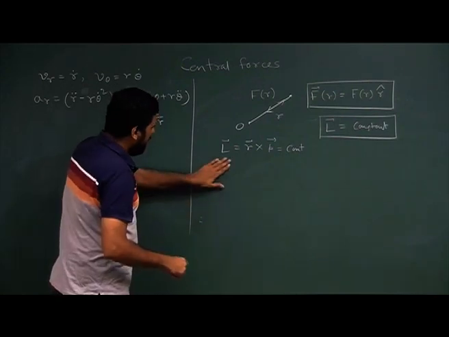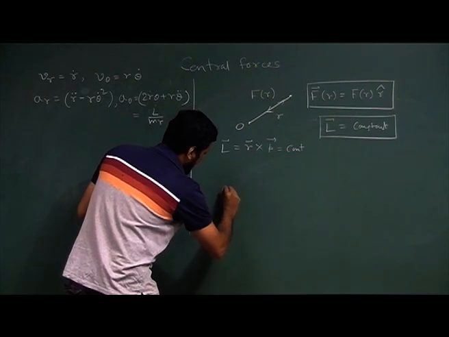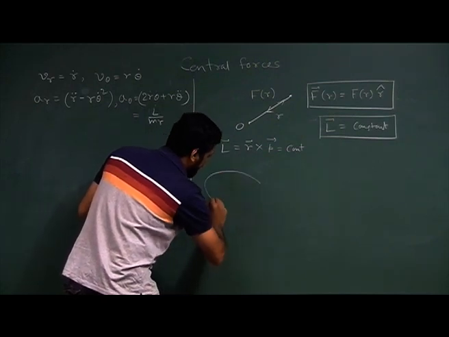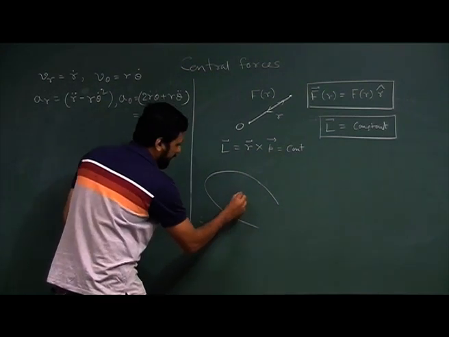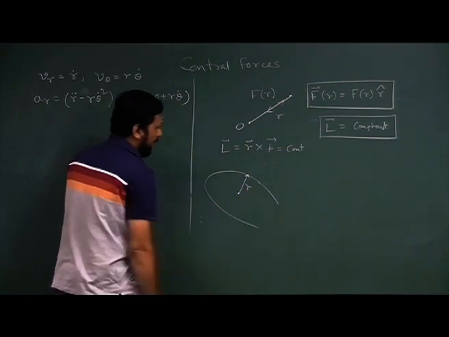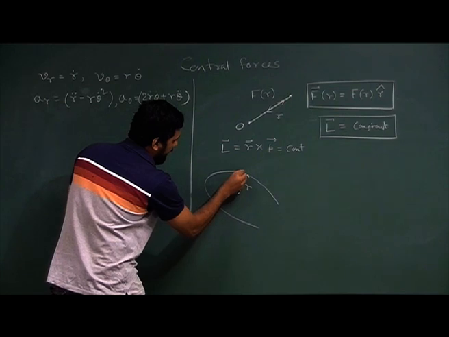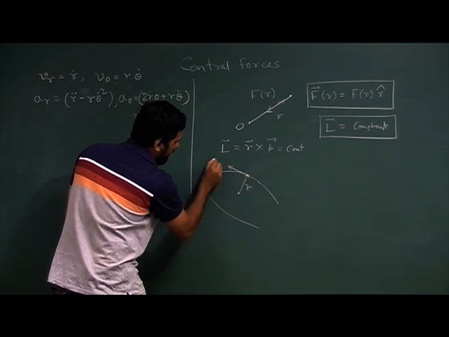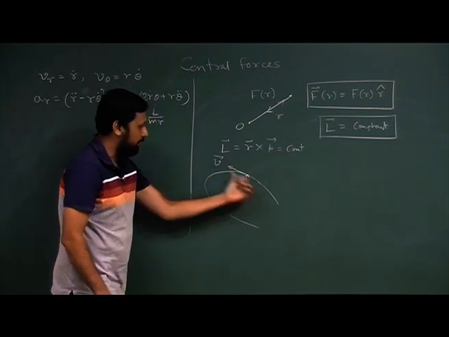Now, if and only if R and P lie in the same plane, let us assume this situation. It is some locus of the particle. So, this is your R, and at any given moment the velocity vector is pointing towards the tangent of this locus.